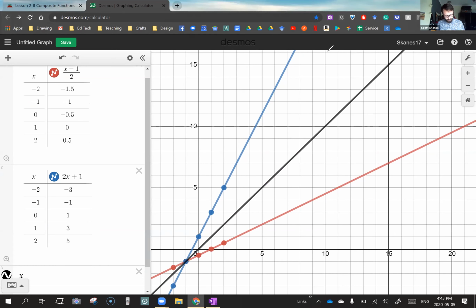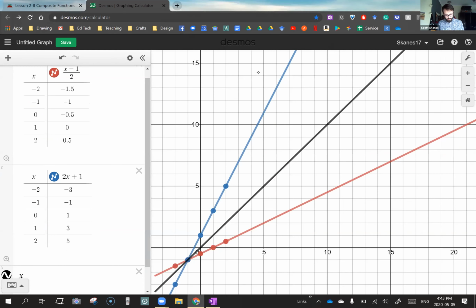Yeah, I have a 7 and 15. I can see it. Sorry, the annotations in Zoom are terrible. My whole point is that x and y's are switched. That's what inverses do.